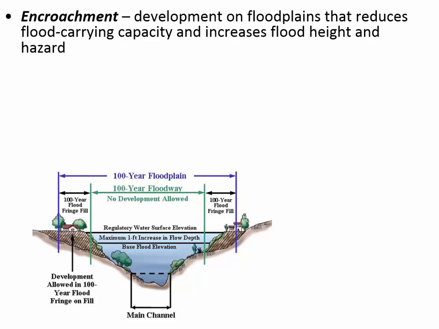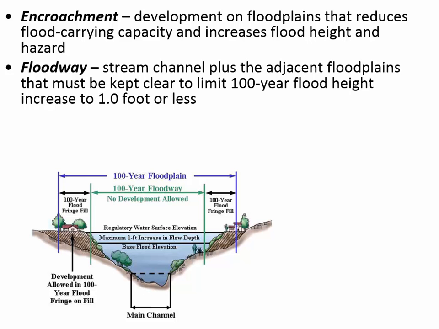But the more encroachment you do, you're basically reducing the cross-sectional area of the channel, and so you're forcing the water level to get higher, and then it causes more flood damage. And so encroachment is something that we really have to be pretty careful to avoid, because it can worsen the probability of a storm causing flooding, and it also worsens the actual effect of flooding when the storm does occur.